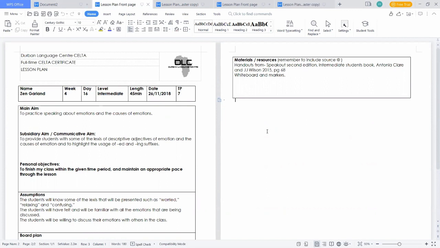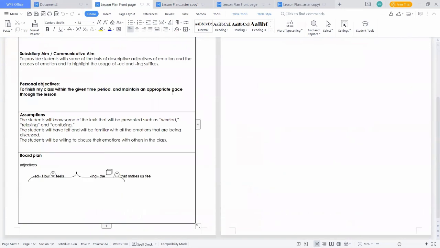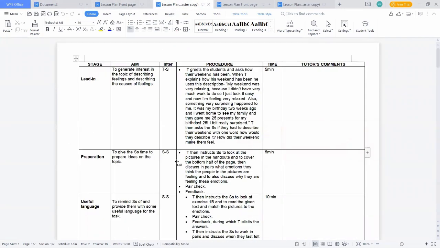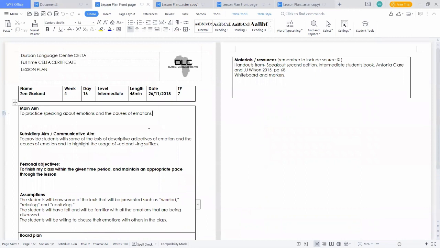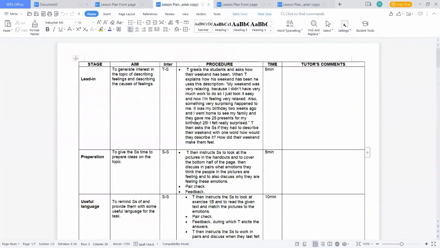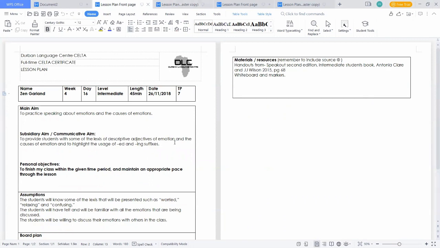I will send the task in Telegram, and I would like you to complete a full-length lesson plan, such as this, ready for Saturday. I'll send you the details of the lesson, the level you'll teach, and a blank lesson plan template like this, which you can complete.